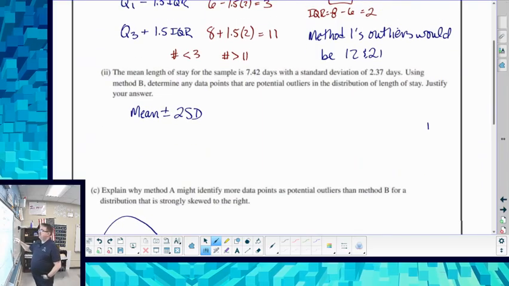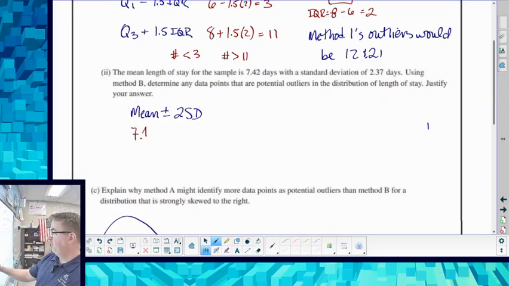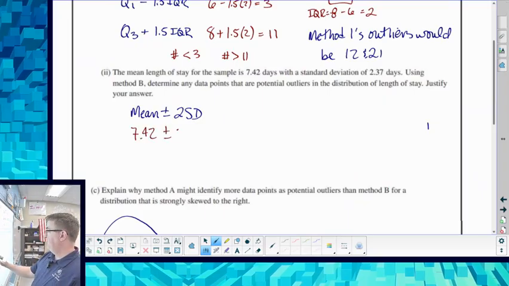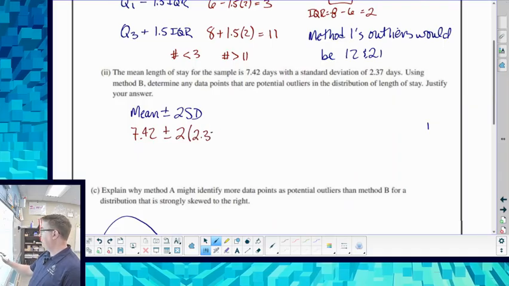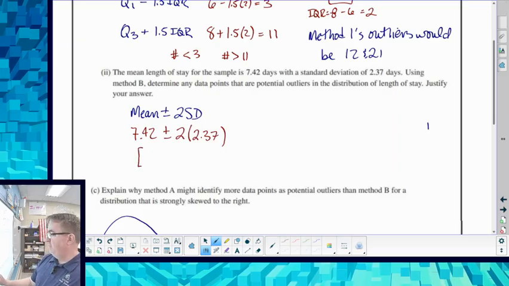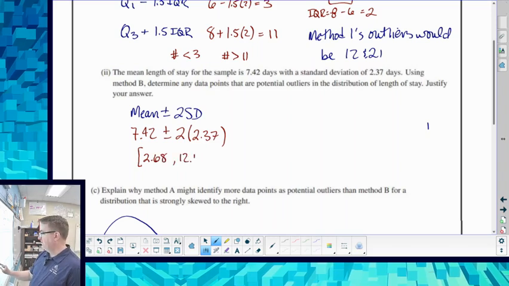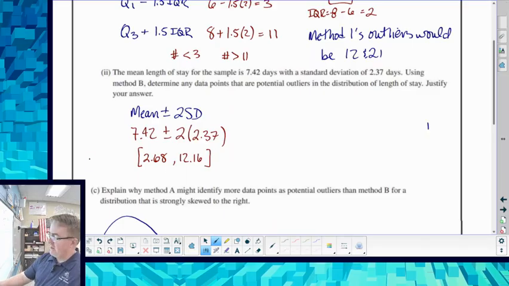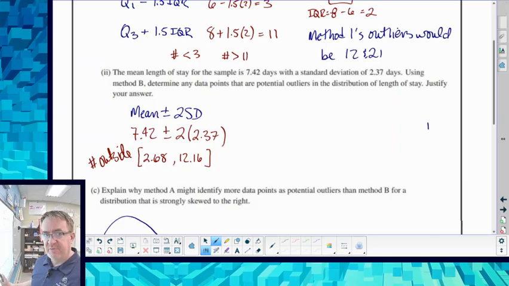The second part to part B is doing it for the mean plus or minus 2 standard deviations. Now they give us all of that there. So I'm going to take 7.42. If you're getting slight confidence interval vibes, obviously, that makes some sense. So when I do this, the bottom number is going to be 2.68. The top number is going to be 12.16. So you want numbers outside that interval.